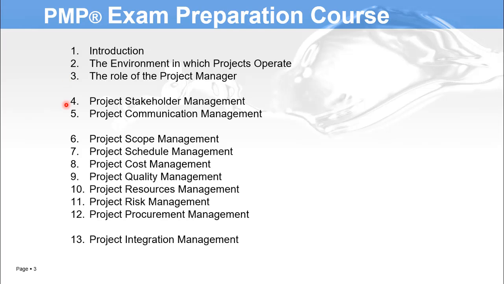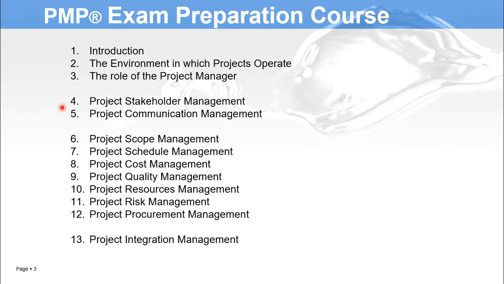And then we will go to project stakeholder management and then project communication management. The reason behind that, or the justification for why we start with stakeholder and communication, actually in the real life project it is more practical to start with the stakeholder, to know who is the stakeholder of the project, and to identify all the stakeholders and start to communicate with them in order to assess and know their high level requirement in the project, and then start to develop a complete and detailed scope, the project detailed requirement.